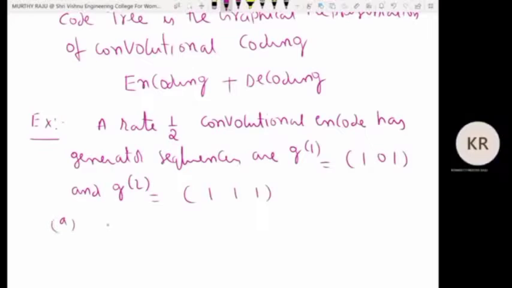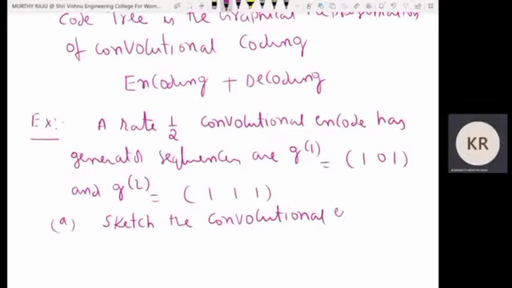First one, sketch the convolutional encoder configuration.